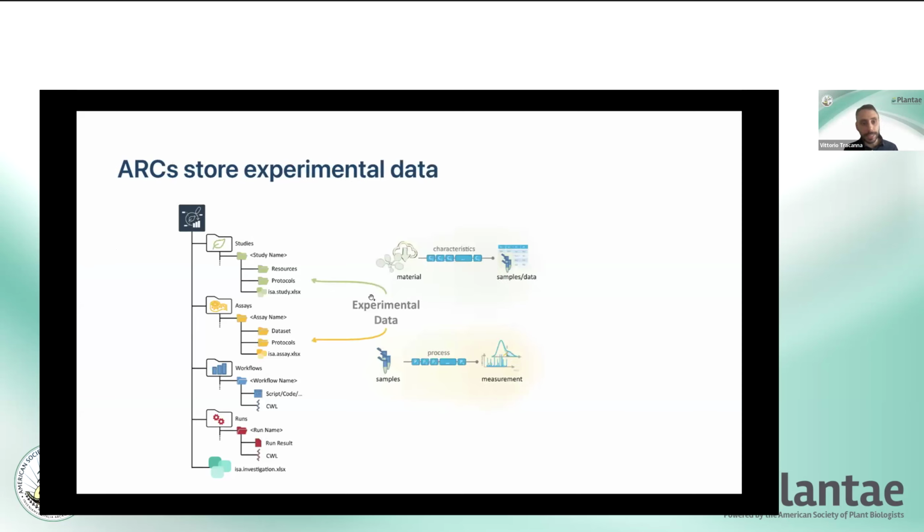As I said, inside of studies and assays, you will find the experimental data, and there are subfolders that are automatically created. Generally speaking, we prefer to keep inside of studies all the material that is at the beginning of your investigation. Let's say you're working on an experiment that has plants and infects them with fungi to see some effect.